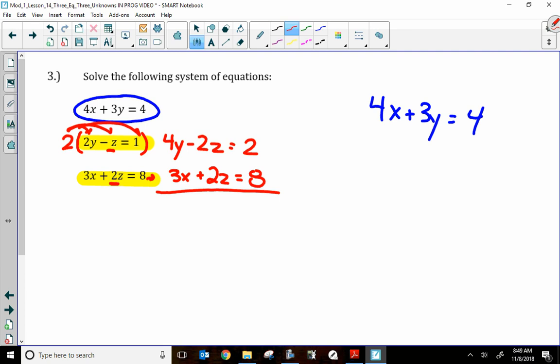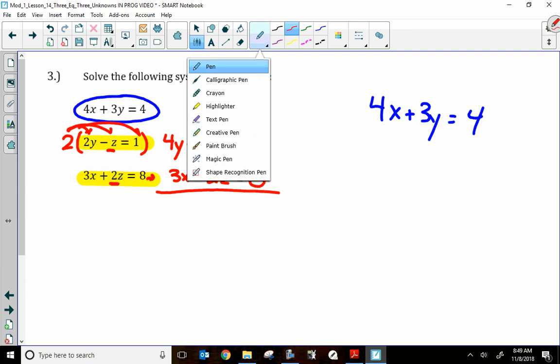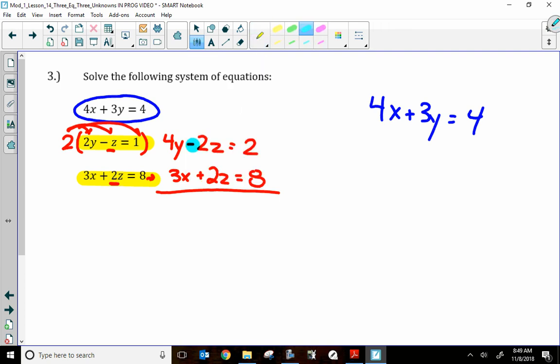Now, if the signs are the same, then I subtract. Those signs are not the same, they are different. So if the signs are the same, I subtract. If the signs are not the same, then I do not subtract. I am going to add these 2 together. Now be careful. I cannot add 4y and 3x. That does not become 7yx.